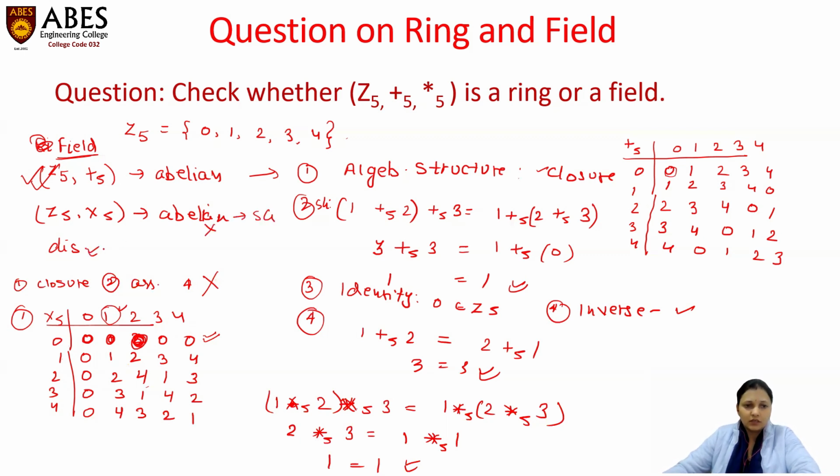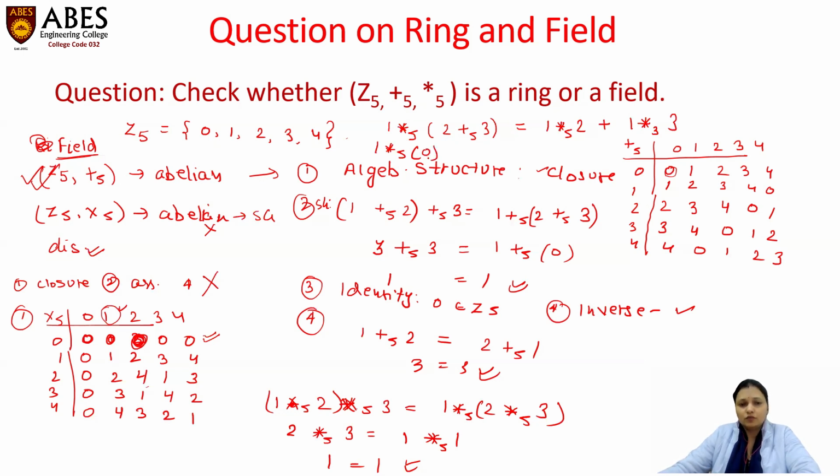Now we will check the third property, the distributive property. Consider any three elements, you can take anything. 1 multiplication modulo 5 with (2 addition modulo 5, 3), will it be equal to 1 multiplication modulo 5 with 2, plus 1 multiplication modulo 5 with 3? Here 2 plus 3 gives us 0 remainder.